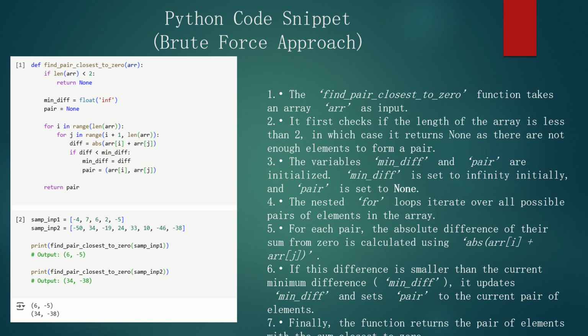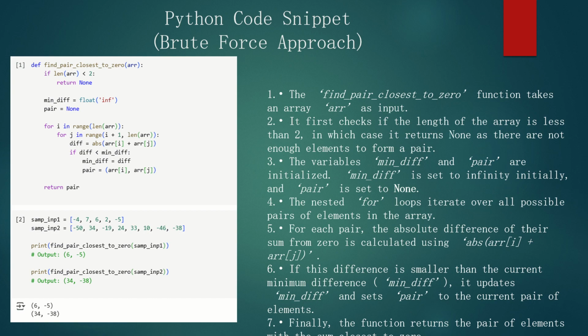Python code, brute force approach. The find pair closest to 0 function takes an array as input. It first checks if the length of the array is less than 2, in which case it returns None, as there are not enough elements to form a pair.